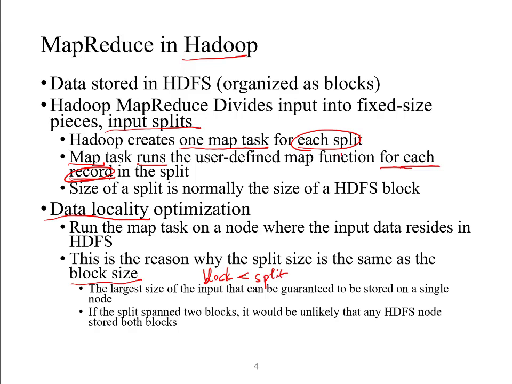So for the node here, it contains a part of the data that comes from itself, but another part of the data would come from a remote node. Then there would be extra cost to read this data.